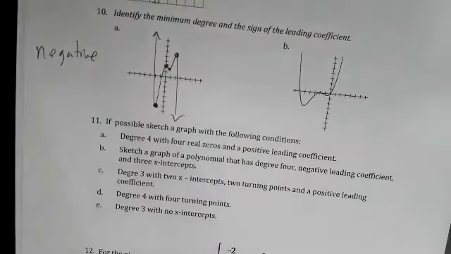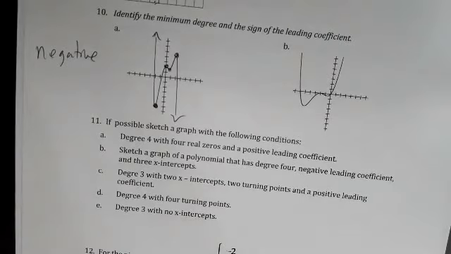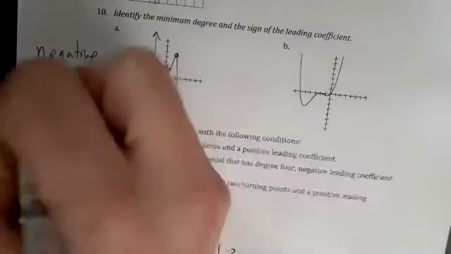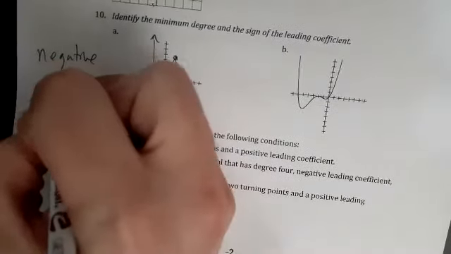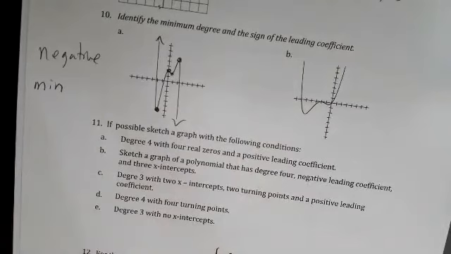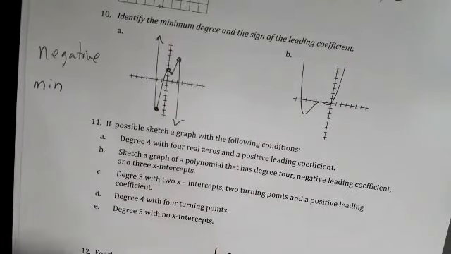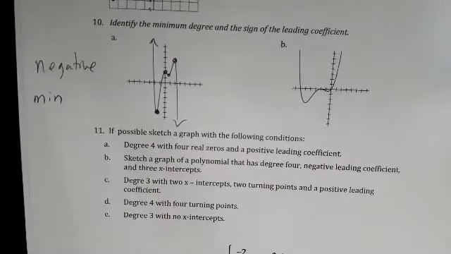If we look at turning points, you might notice there's like 4 of them there. And so what would my minimum degree be? 5, right?